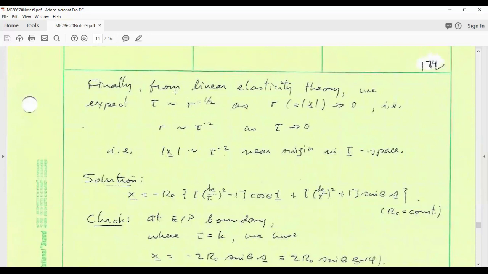Nevertheless, outside the plastic region, the plastic region is effectively intervening between radius going to 0 and the elastic solution, right? So the elastic solution cannot get all the way down to r equals 0 because of the intervening plastic zone.